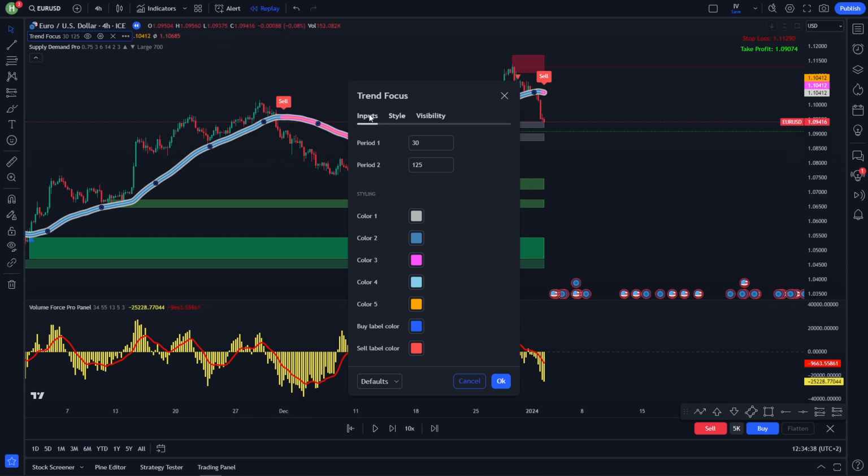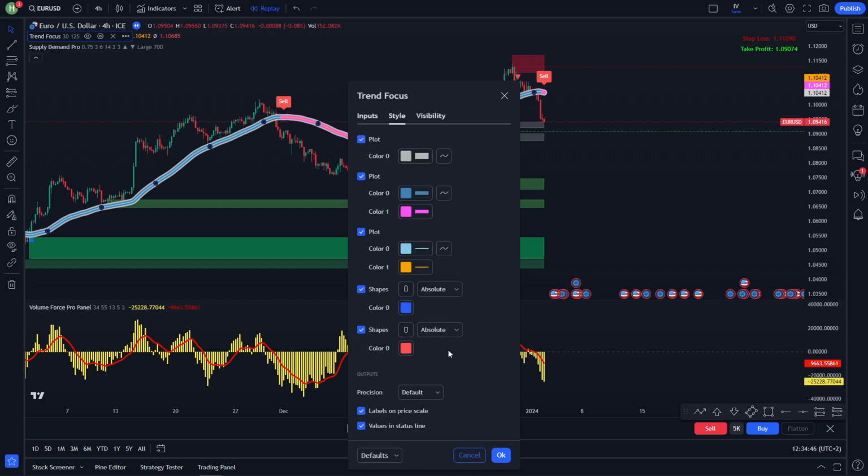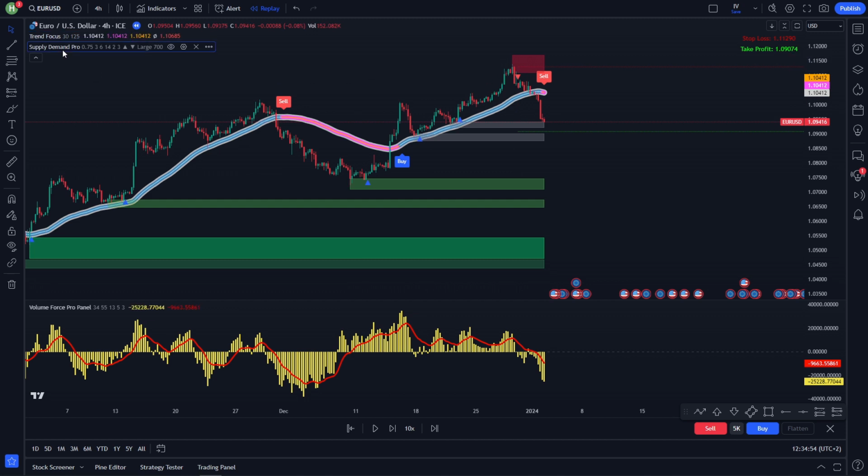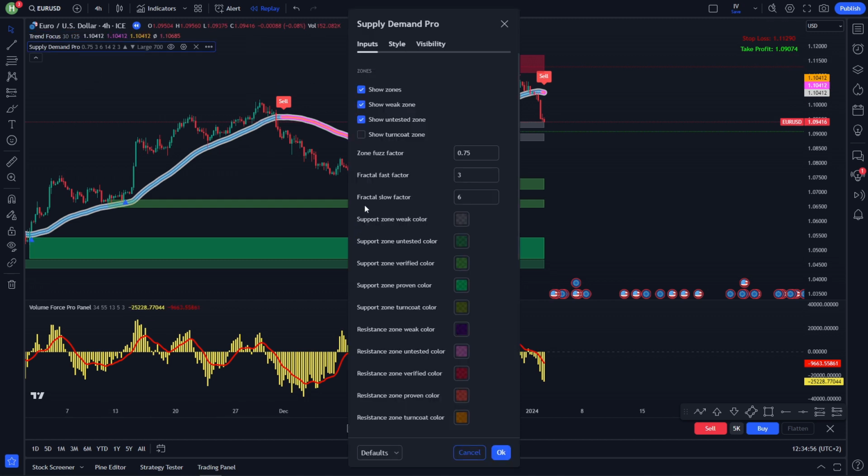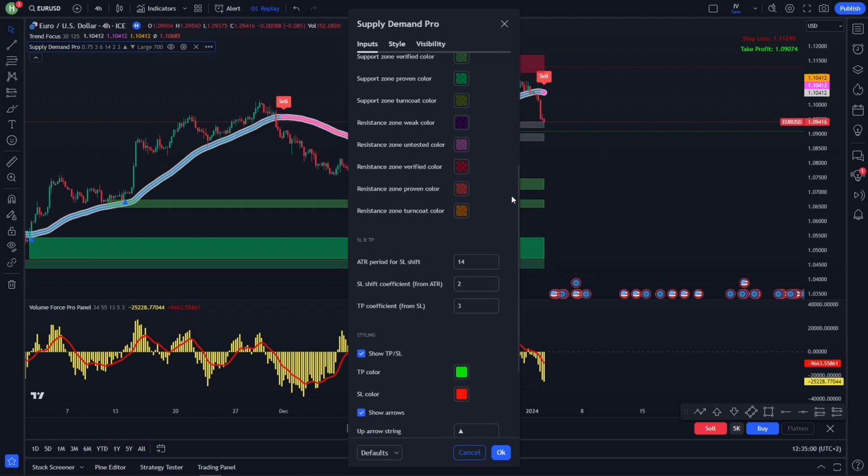Now, under the settings for the indicator, we are going to make the following changes. Firstly, for our trend focus indicator, we are going to leave everything on default, as this indicator will serve as our main entry and exit indicator. Then for the Supply Demand Pro, under the Inputs tab, we are going to unselect the following.